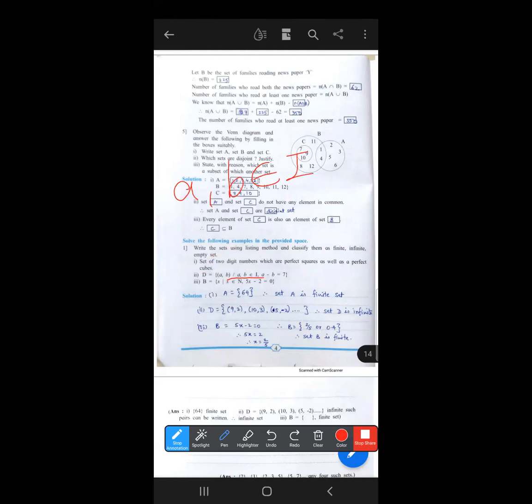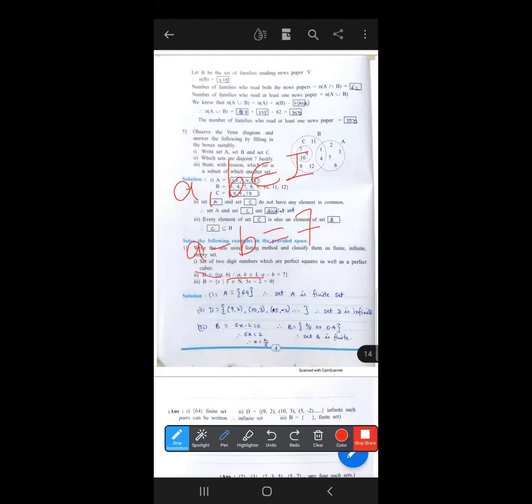I told you when I taught this lesson, for integer you should remember only one word, that is number line. That means positive, negative, and 0. So A, B belong to integer, and A minus B is equal to 7.